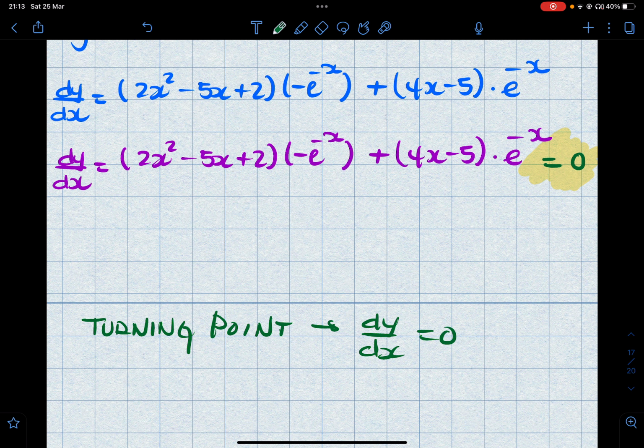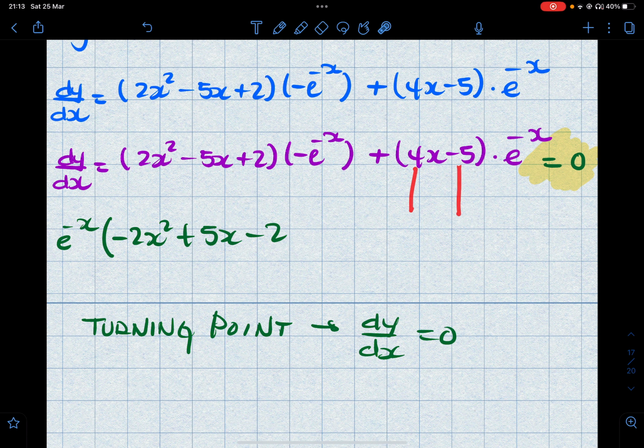So now I think it's useful if we were to take e to the minus x common. It's a common factor. And say that's e to the minus x multiplied by, let's insert the minus sign and get that out of the way, and then it'll be plus 4x minus 5.